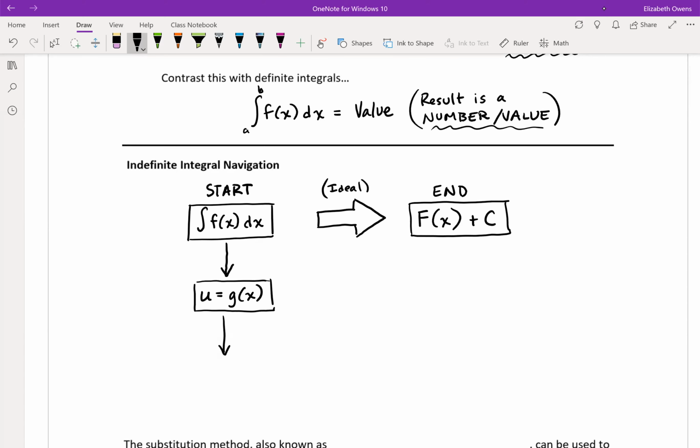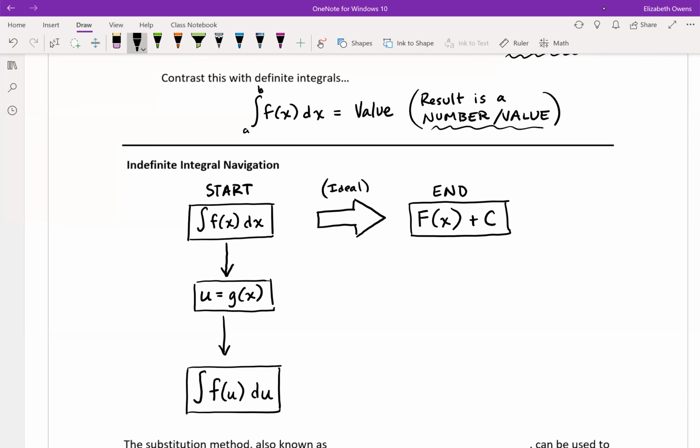When you do that, you're able to transform your original problem. Instead of the indefinite integral of f of x dx, you now have an indefinite integral in terms of this new variable u: the indefinite integral of f of u du. That's our next stop.